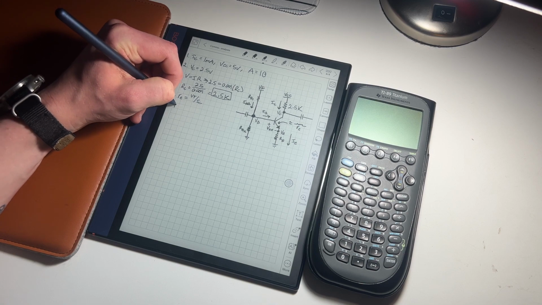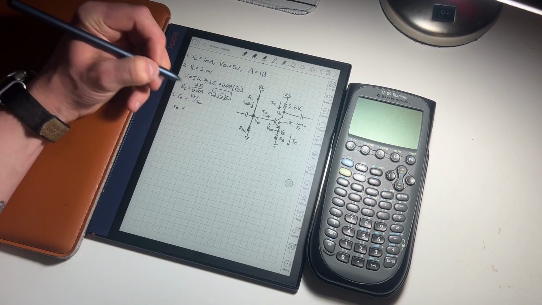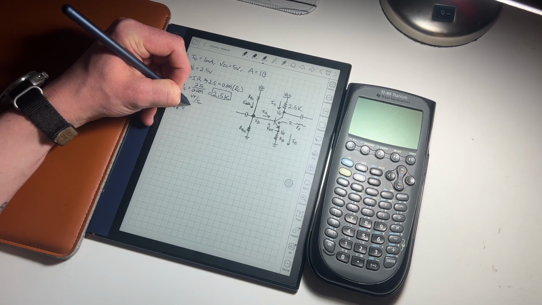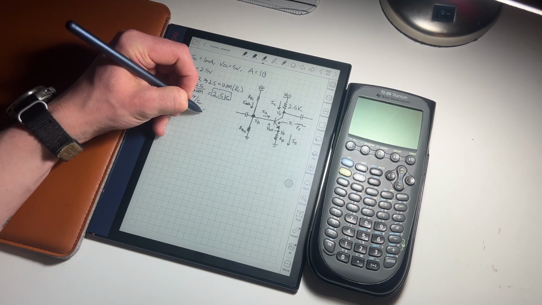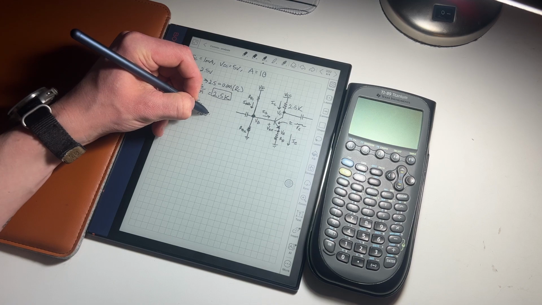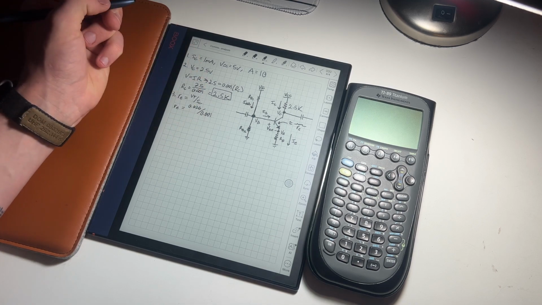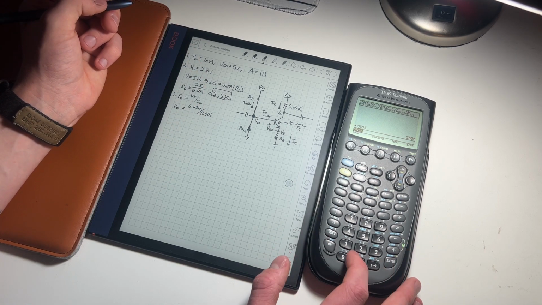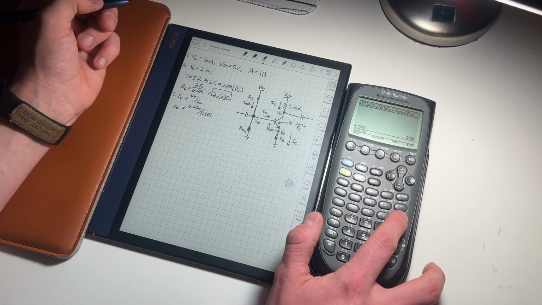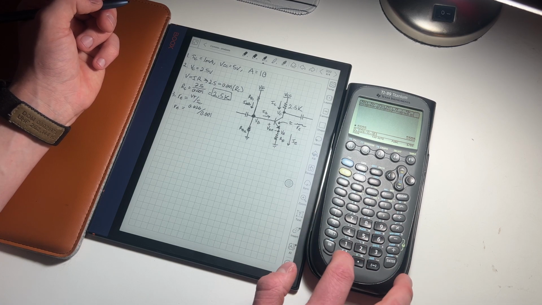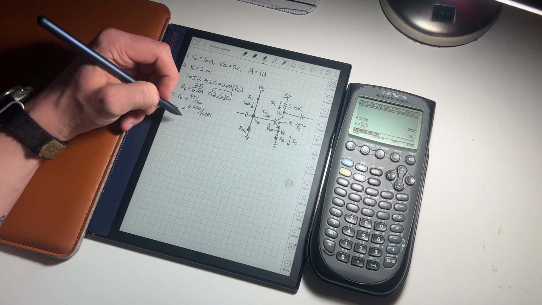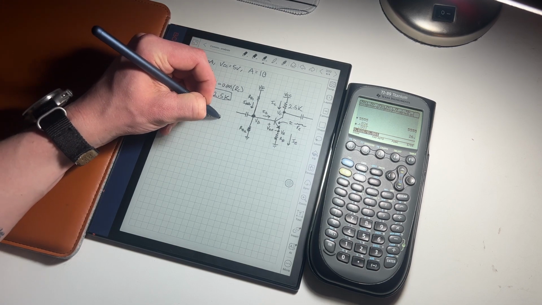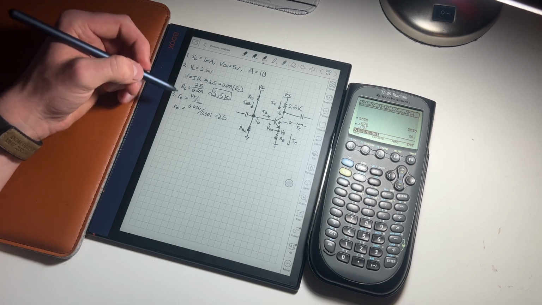So little r sub e equals 0.026 volts divided by 0.001 amps, and 0.026 divided by 0.001 is 26 ohms.